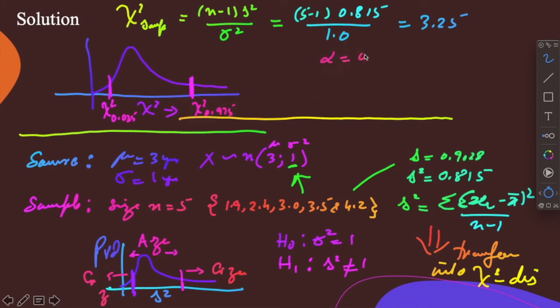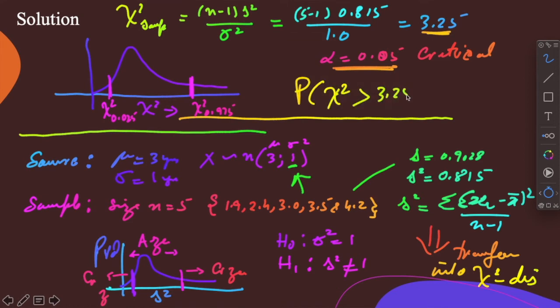Suppose alpha is 0.05 as the critical zone. So if this is the critical zone, we will set a value where it will lie. These values we can pick up from the table. If this value is between these two, we have to decide what is the probability that chi-square will be more than 3.25.